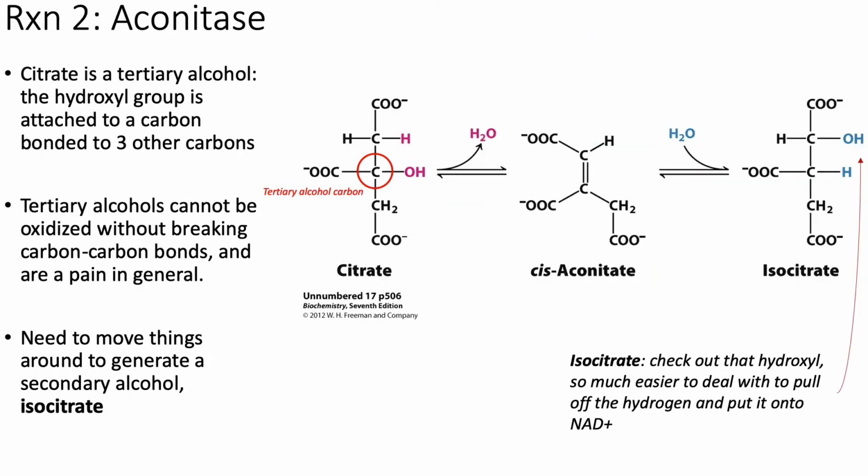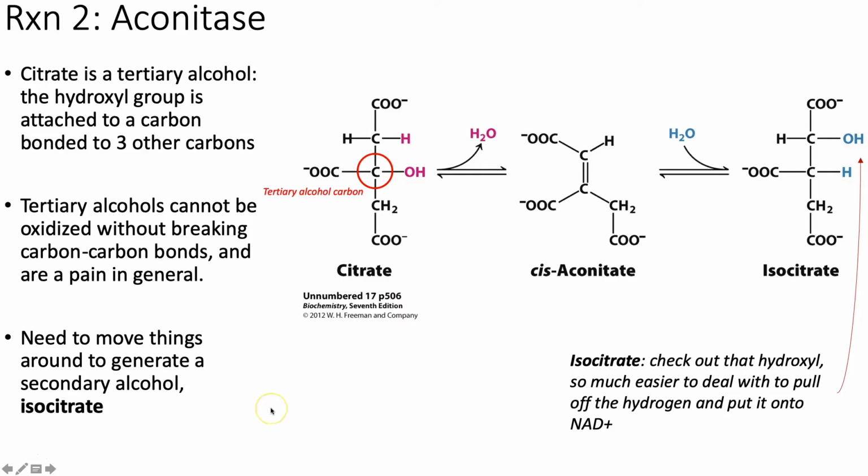And if we look at citrate, here's the structure of citrate. I added this nice circle here. It's a tertiary alcohol. What does that mean? Well, that means your alcohol group, or your hydroxyl group, is attached to a carbon. There's the carbon it's attached to. That's bonded to 3 other carbons. So 1, 2, 3. That makes this a tertiary carbon, which makes this a tertiary alcohol.